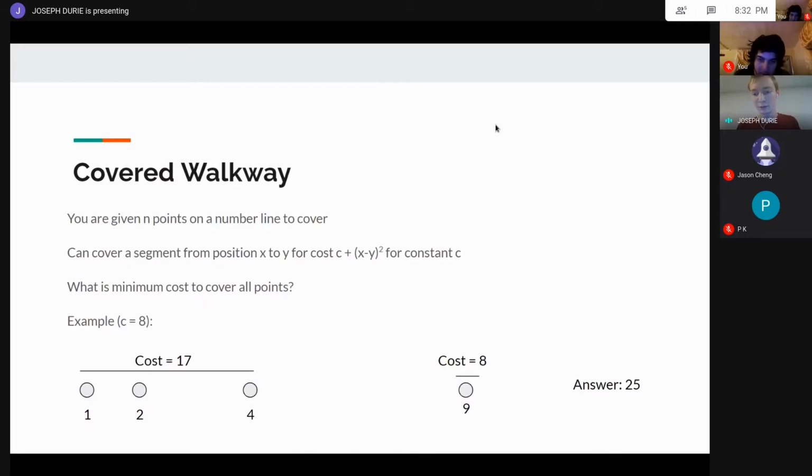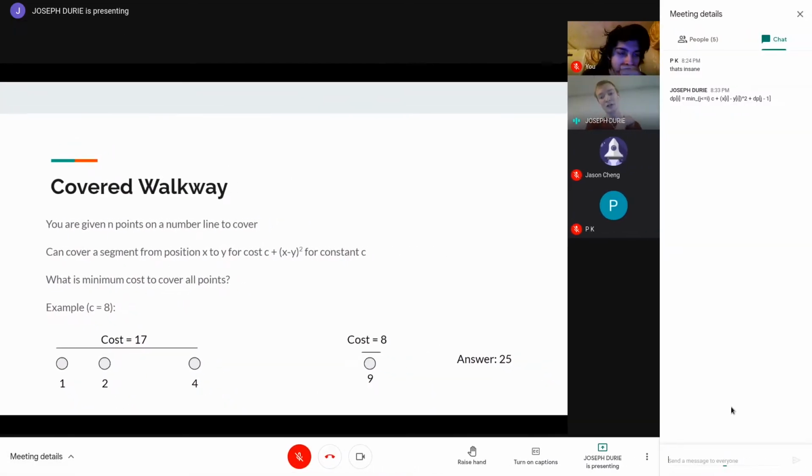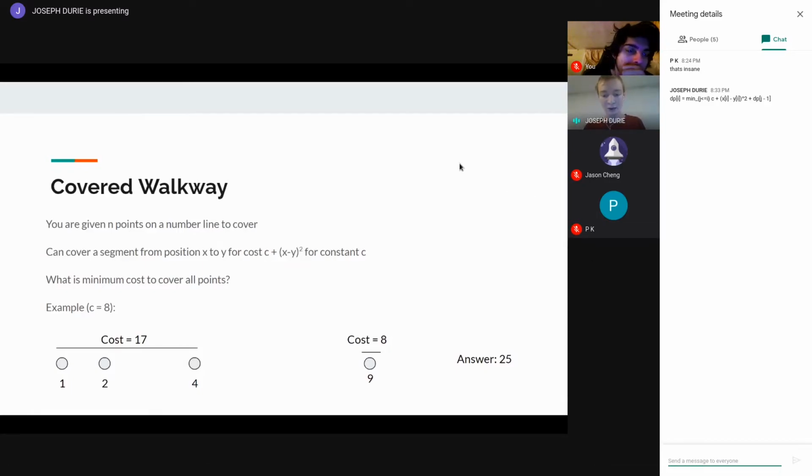So we want to compute it as something like this, where you take the min over j less than or equal to i of, first of all, that should be x j, not y i, the cost of the current segment plus dp of j minus 1, because we've covered everything up to j. So now we just have to go from j minus 1 forward.